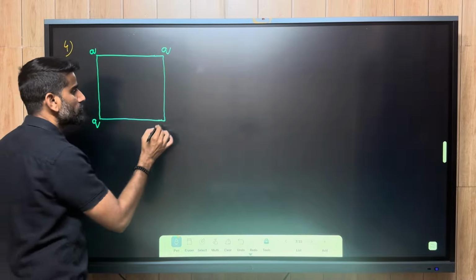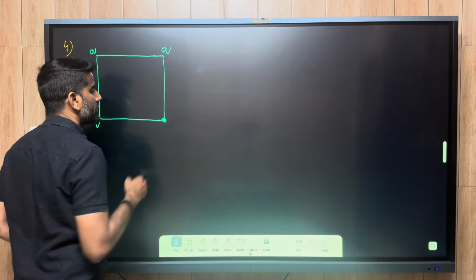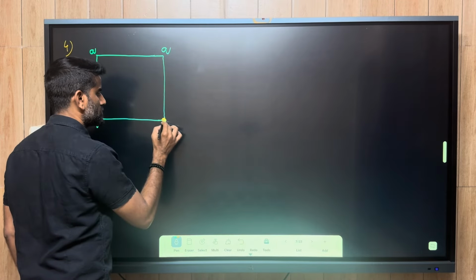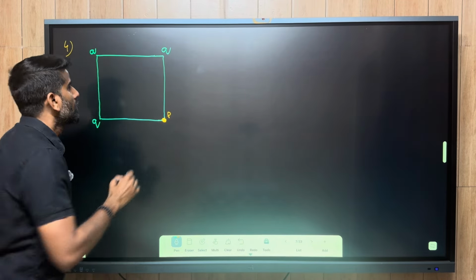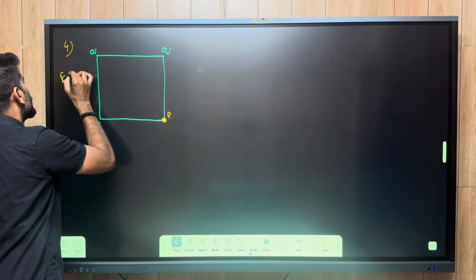Now I have asked you to find the electric field at this location, at point P.